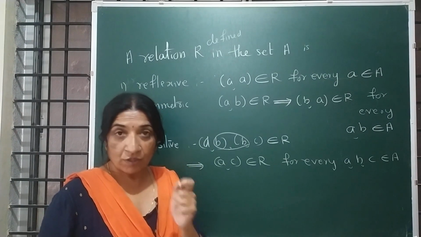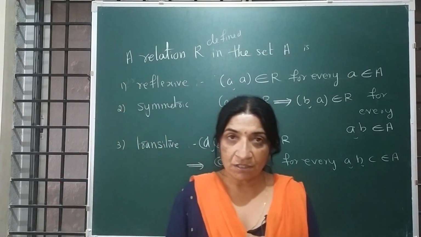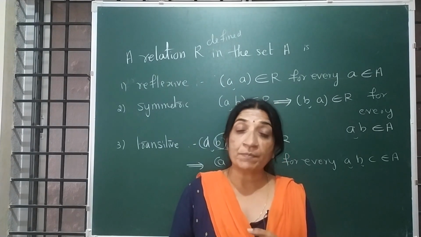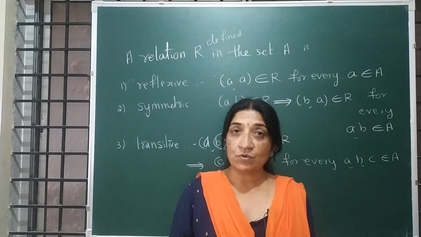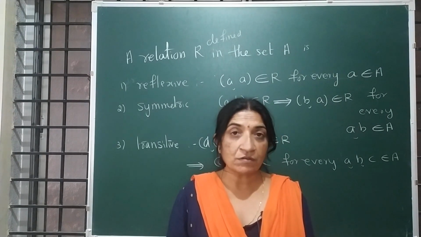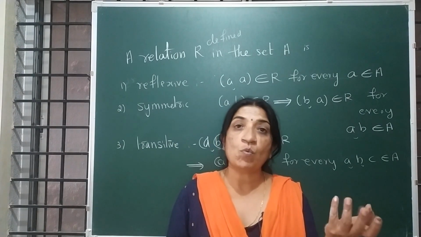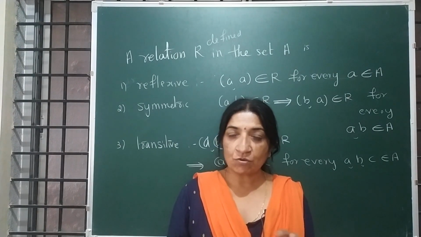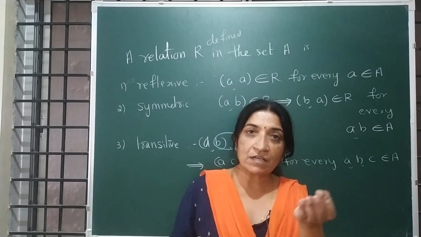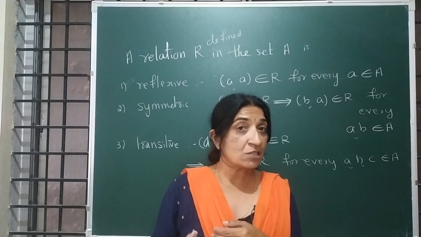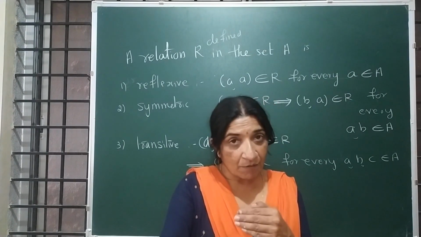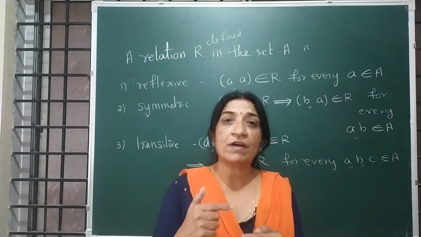Mark this and write down. A relation that satisfies reflexive, symmetric and transitive is called an equivalence relation, because they can ask the definition for 1 mark. Is it clear? In this video just learn only this much. In the next one I will give you examples based on reflexive, symmetric, transitive. If all the three are present, then it is an equivalence relation.